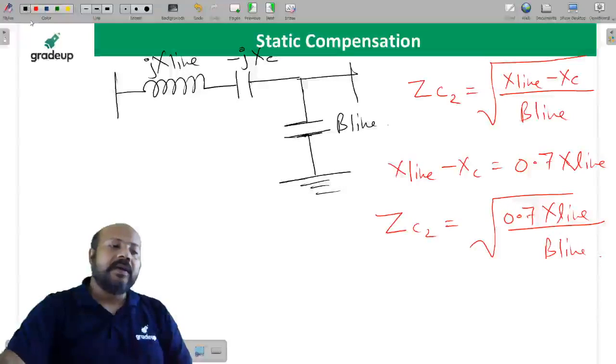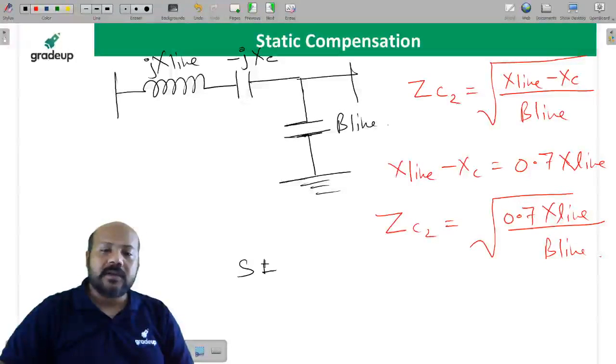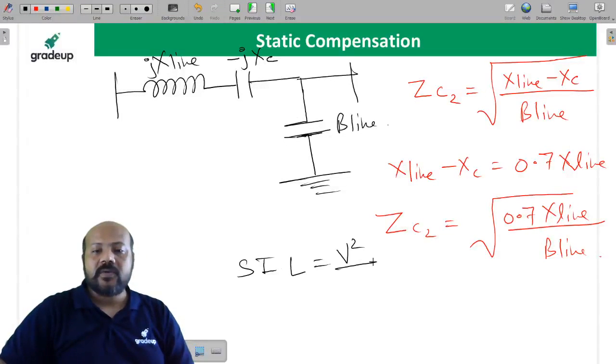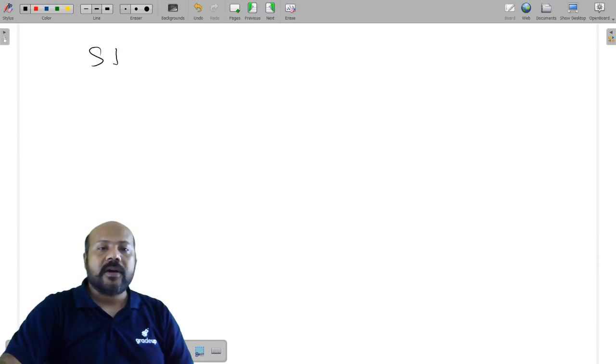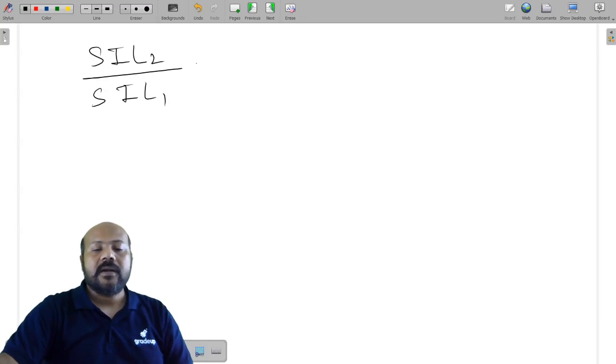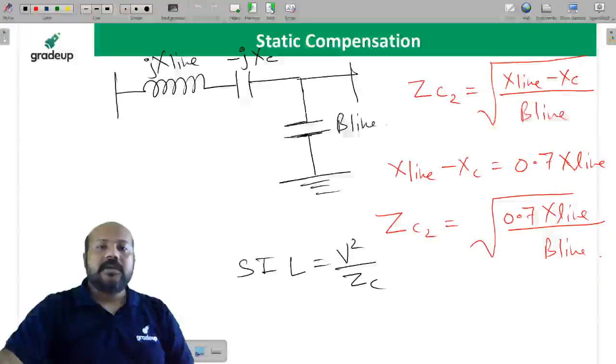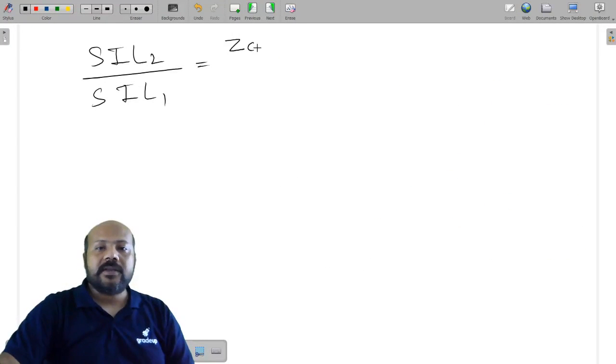Now can you compare the surge impedance loading? Surge impedance loading is defined as V square upon ZC. So if you want to compare surge impedance loading 2 and surge impedance loading 1, it is ZC1 upon ZC2.